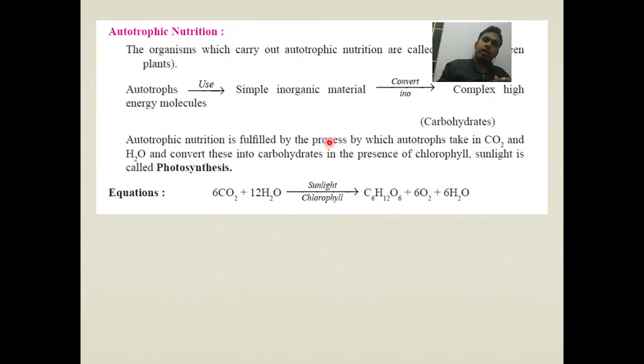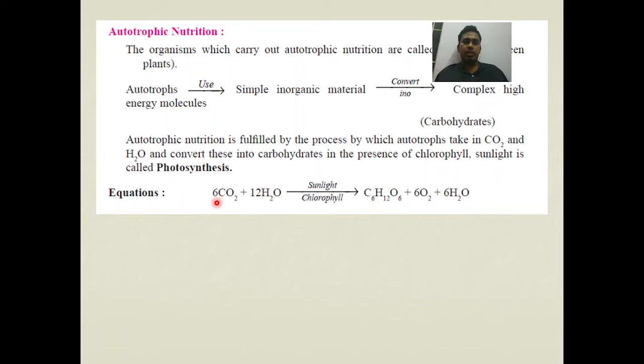The green plants absorb carbon dioxide from the atmosphere, and they absorb water, and then they convert this carbon dioxide and water in the presence of sunlight and the chlorophyll pigment seen inside the green leaf into carbohydrates, that is the food needed for the plants. This whole process is said to be photosynthesis.